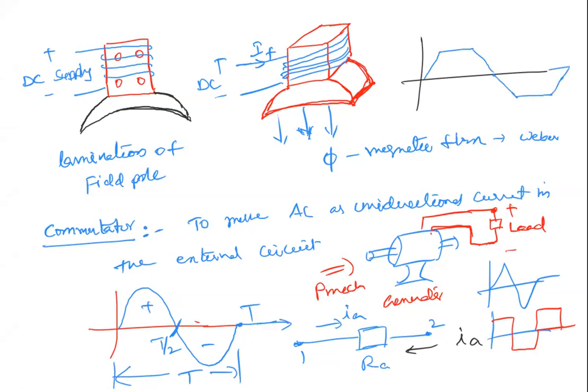But every waveform will have a positive half cycle and a negative half cycle, which you have studied in your intermediate, 10+1, 10+2, or even in 10th.